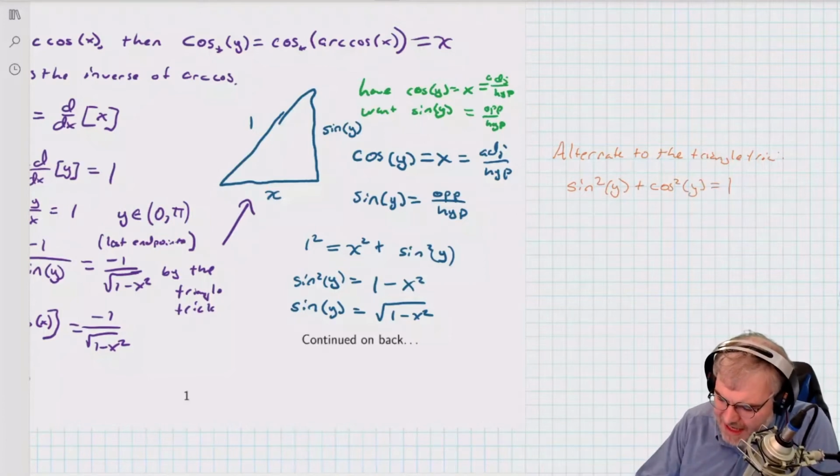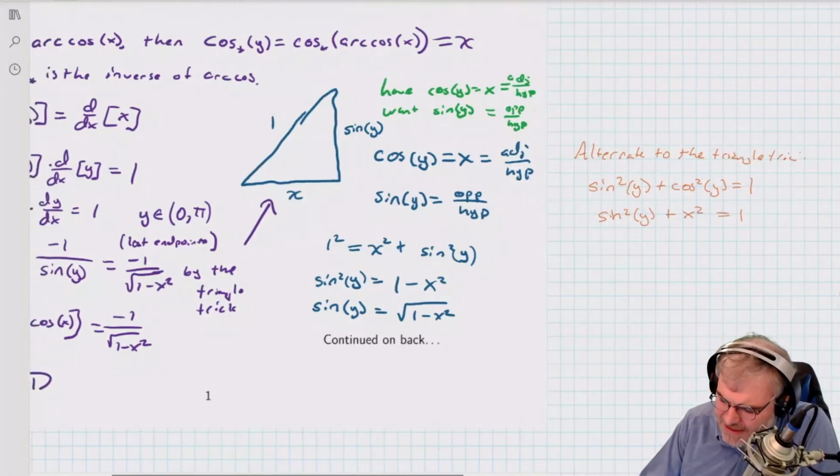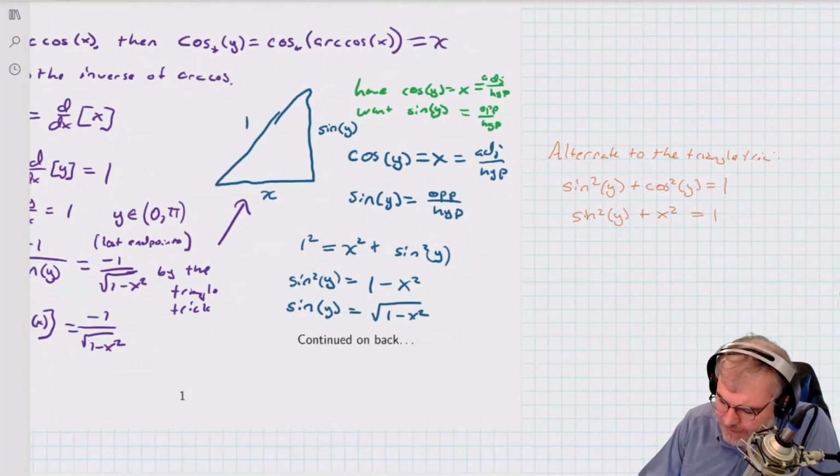And this was x, so that means that sine squared y plus x squared equals 1. And that means that sine squared y equals 1 minus x squared. And that means that sine y equals the square root of 1 minus x squared.